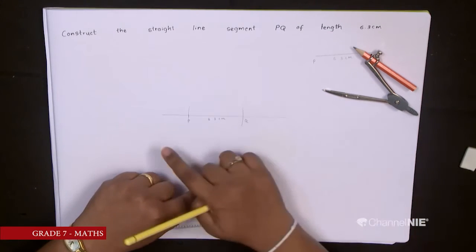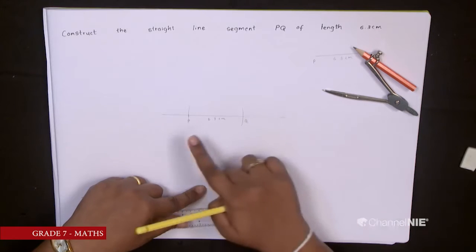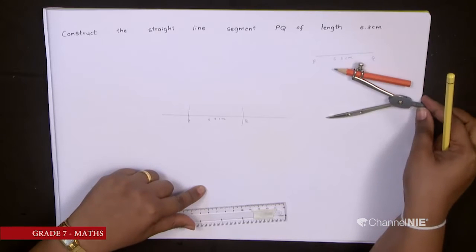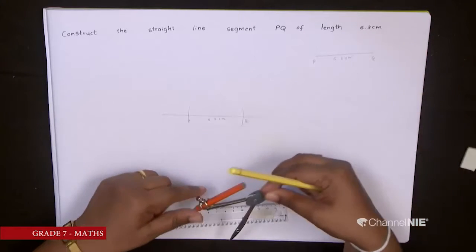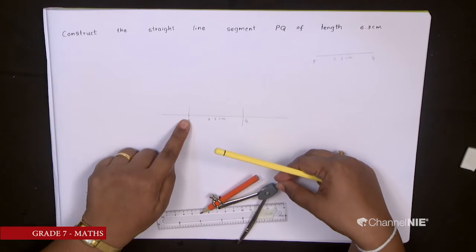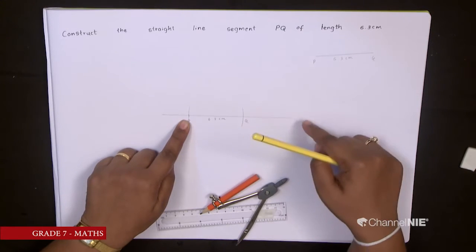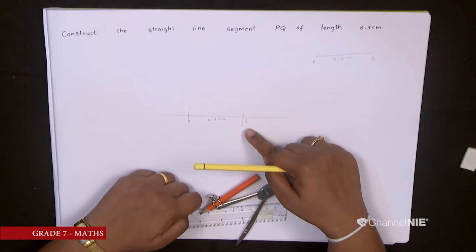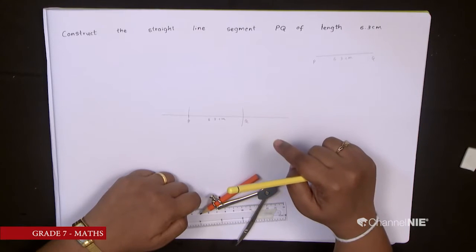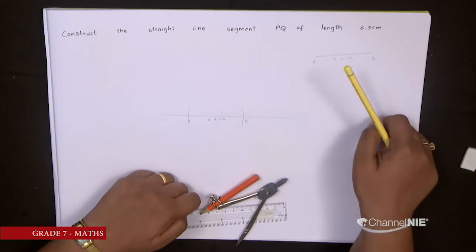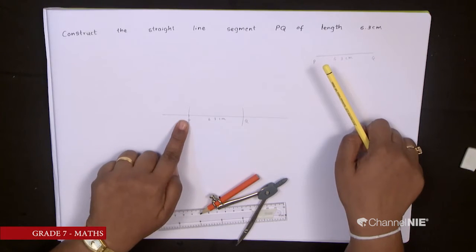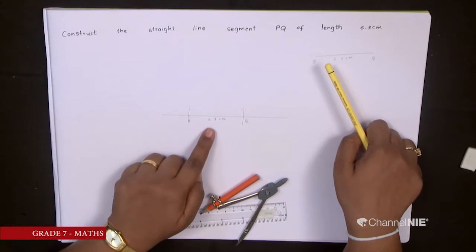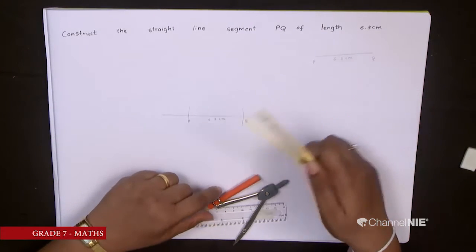Once again, I have drawn a straight line segment, marked a point and named it P. Then I took 6.3 centimeters on my pair of compasses, placed my pair of compasses on P, drew an arc to intersect the straight line segment and constructed the point Q. Without changing the distance, once again I placed my pair of compasses on Q, drew an arc to go across point P. Finally, I have written the length of the straight line segment PQ.